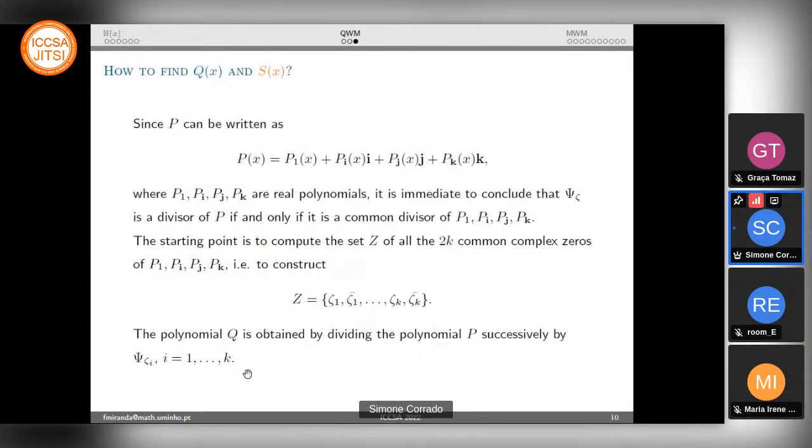Since the polynomial P can be represented using four real polynomials, P1, Pi, Pj, Pk, such that we can write P in this form, okay? So the starting point is to compute all the 2k common complex zeros of these four polynomials. We are calling the set of these zeros Z, okay?